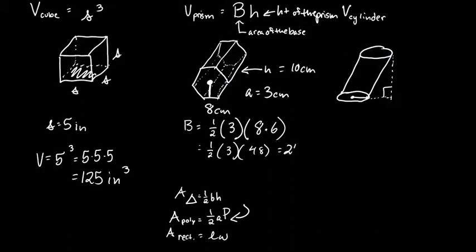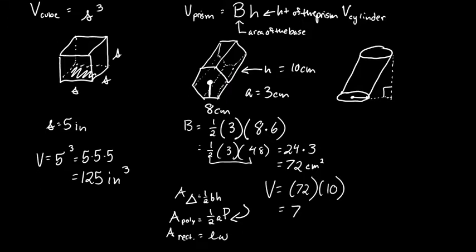I took the 1/2 of the 48, which is 24, times 3, and that would give me 72. It's an area, so it should be centimeters squared. So into my volume, I'm going to put 72 times the height of my prism, and that will give me 720 centimeters cubed.